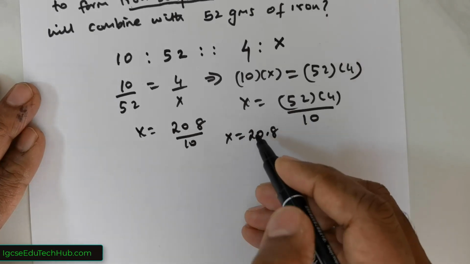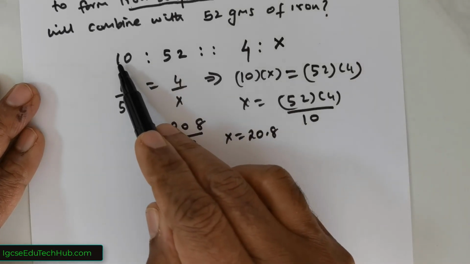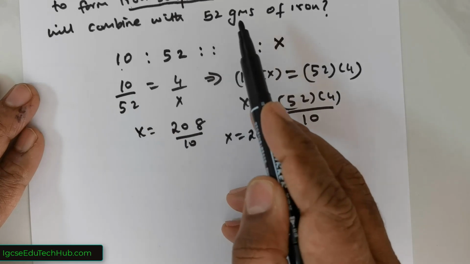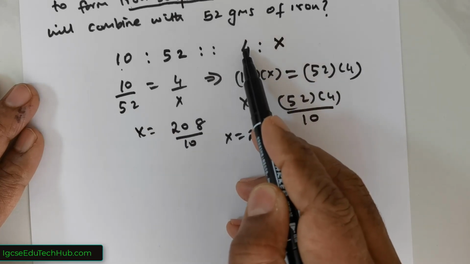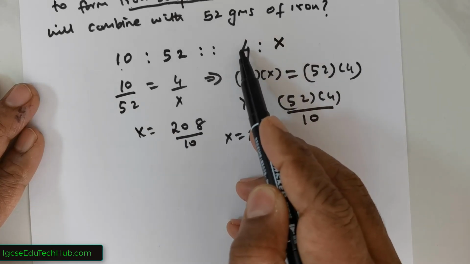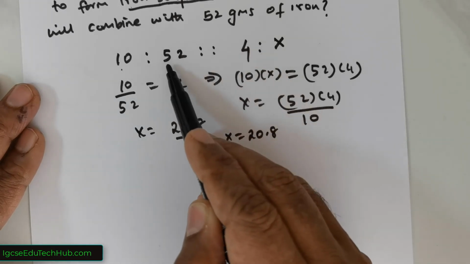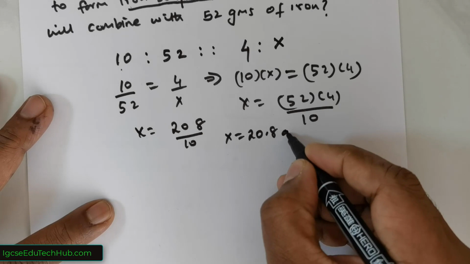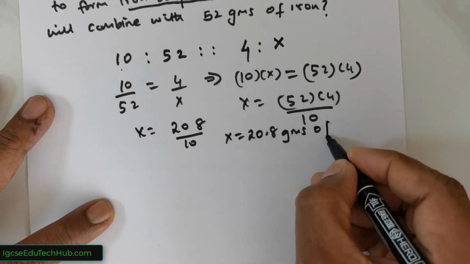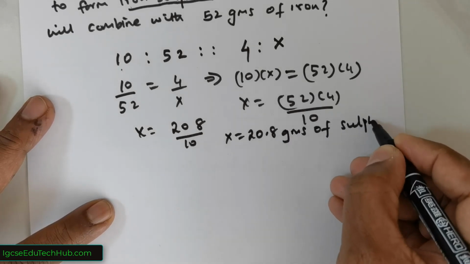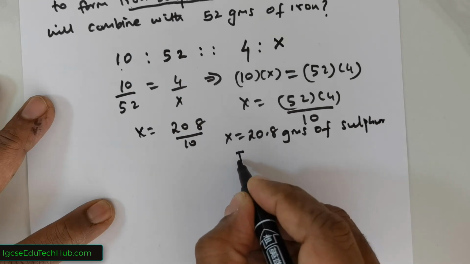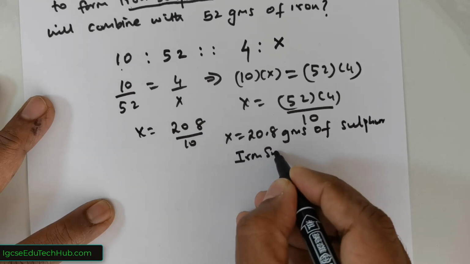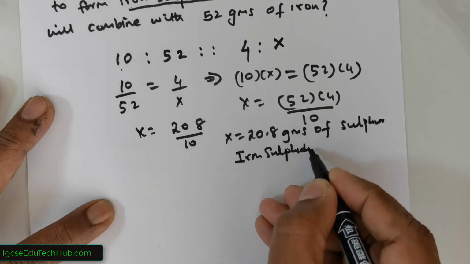So 10 grams of iron combines with 4 grams of sulfur to get iron sulfide. Therefore 52 grams of iron would require 20.8 grams of sulfur to create iron sulfide, right?